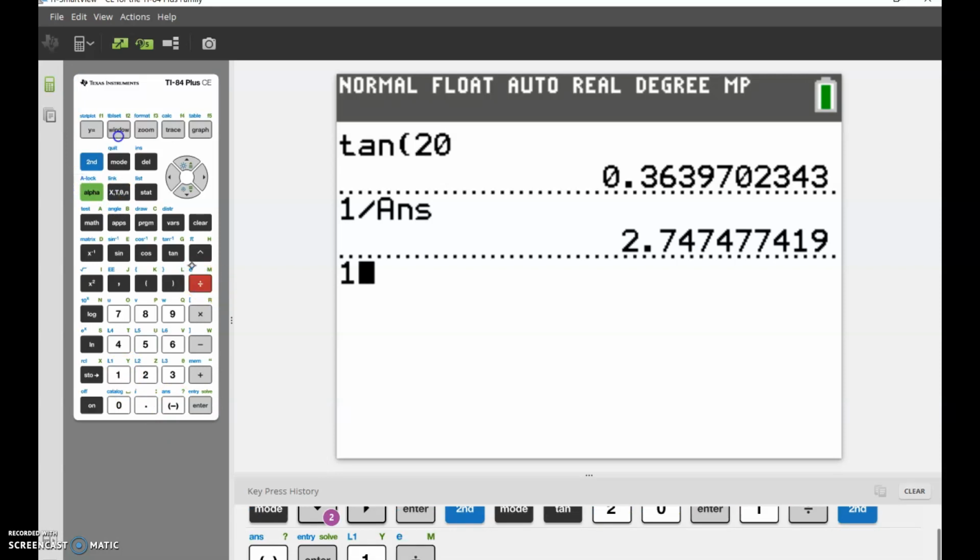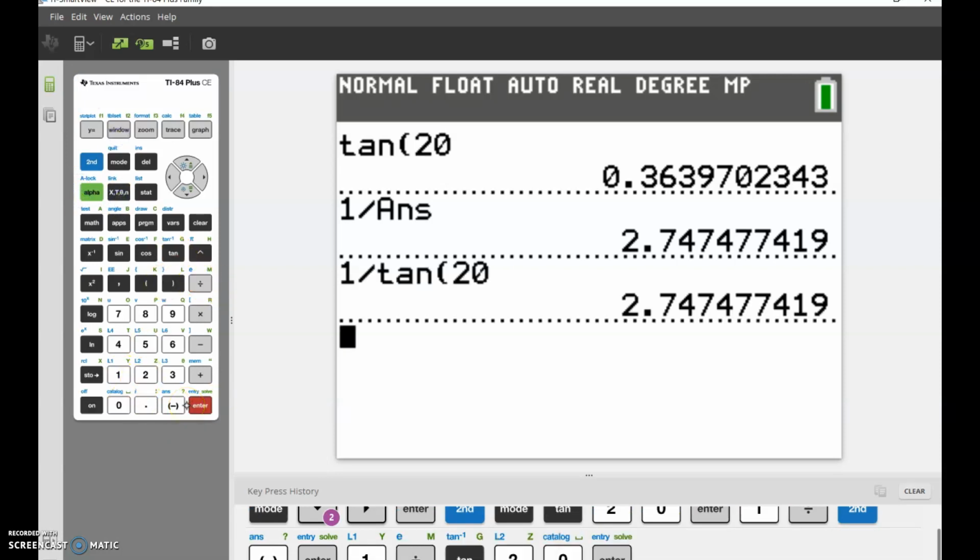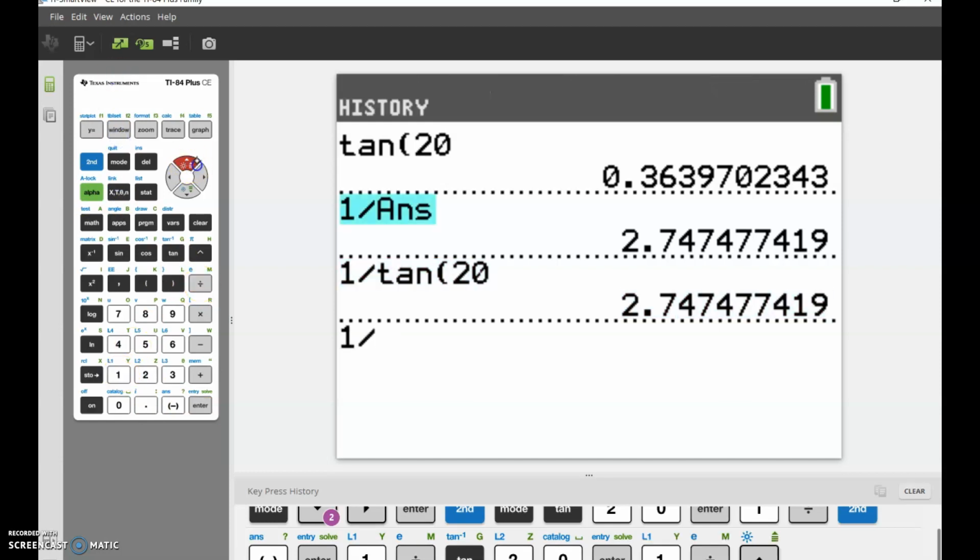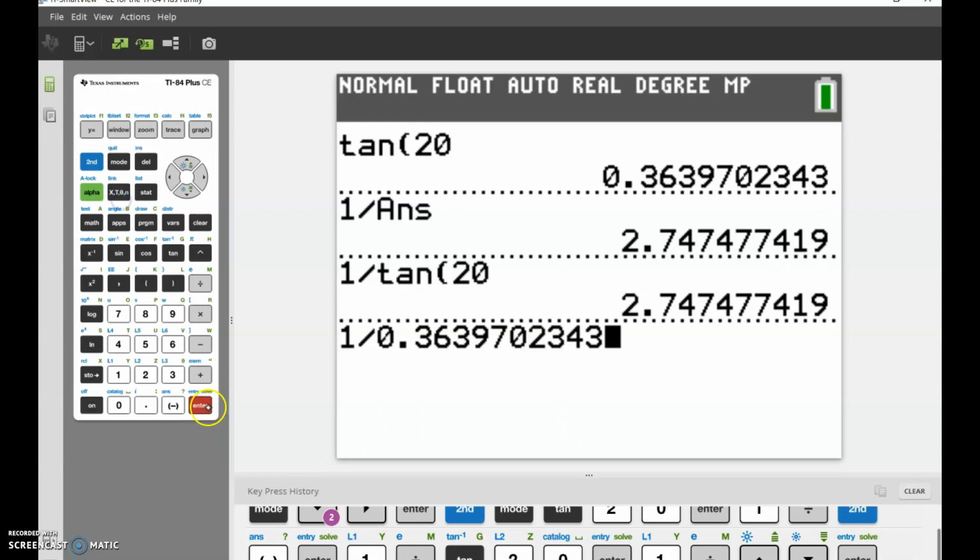I could do 1 divided by tangent of 20. I verify I get the same answer. Or, depending on the model, you can use your up arrows to get to your previous answer. So I could scroll up to that decimal 0.36, and then when I take the reciprocal of that answer, I get the exact same thing. So that's tan of 20 and cotan of 20.